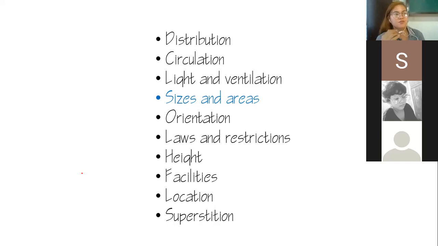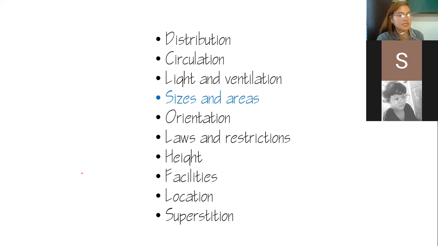If you want a big bed, 2 by 3 is not sufficient. If you have a walk-in closet, or a toilet and bath inside your room, 2 by 3 is not sufficient. So basically, what the government gives us is only the minimum dimensions.